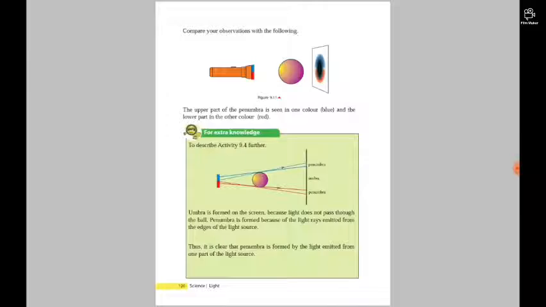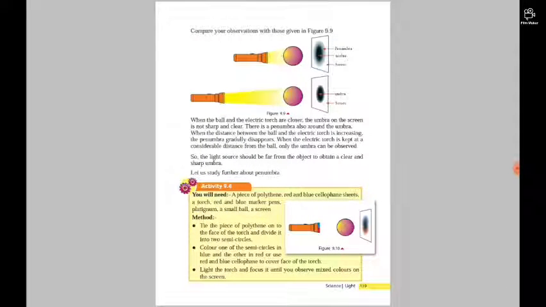So I will draw it in here. When the ball and the electric torch are closer, the umbra on the screen is not sharp and clear. There is a penumbra also around the umbra. When the distance between the ball and the electric torch is increasing, the penumbra gradually disappears.